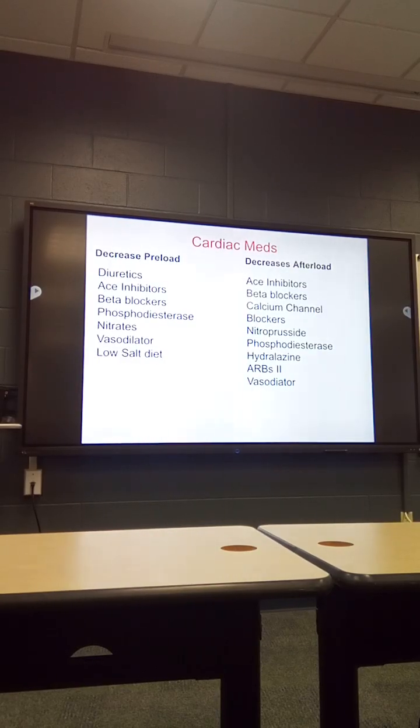I know you're all writing it all down. So our ACE inhibitors, they are vasodilators. So they make that vessel a little bit bigger so there's more blood throughout the body. That also in turn decreases your afterload because now it's loosening that wrench. Okay, so that's why ACE inhibitors are in both columns.